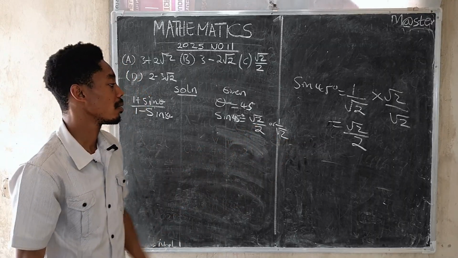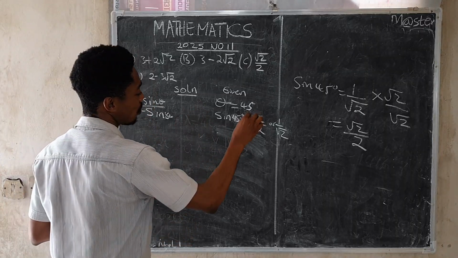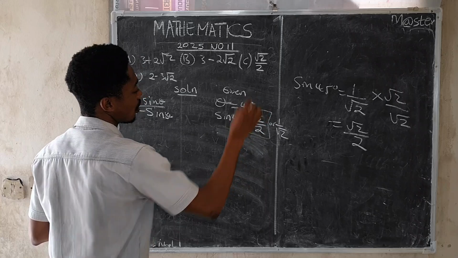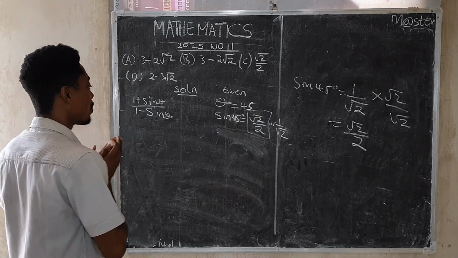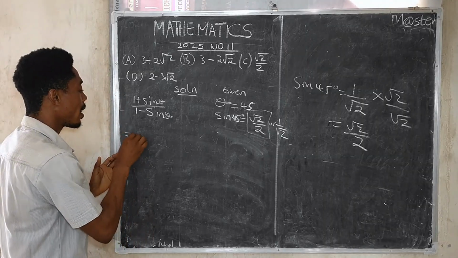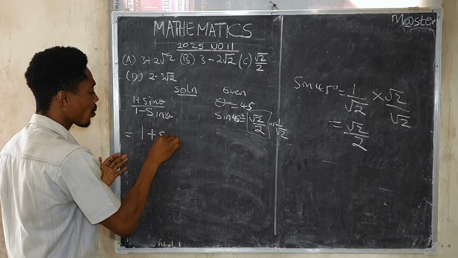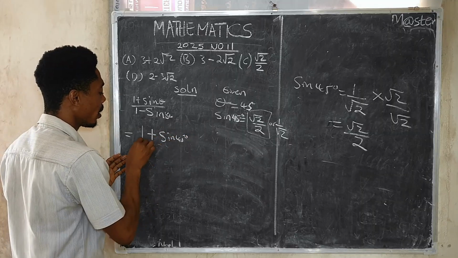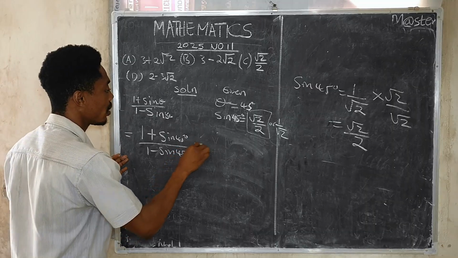So let's proceed. We are going to make use of root 2 over 2 in this. So I will now say this is 1 plus sine 45 degrees all over 1 minus sine 45 degrees.